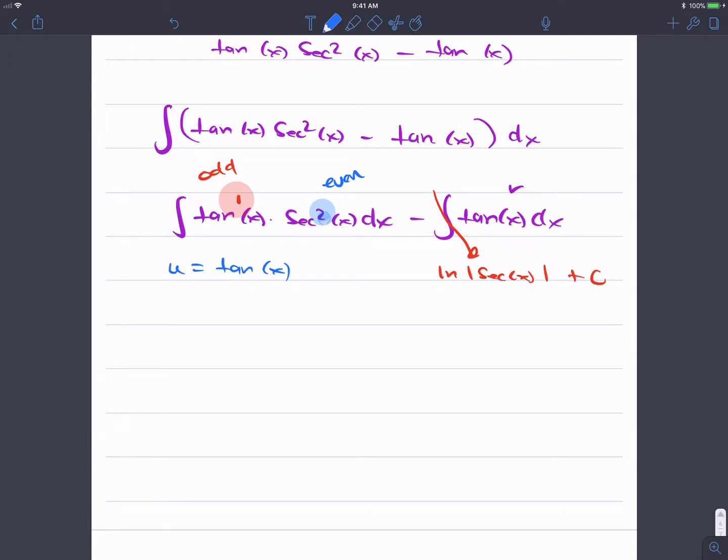If u is tangent, the derivative of u, du, is secant squared x dx. So this integral becomes u for the tangent, and secant squared dx is my du. So I get 1/2 u squared, which is 1/2 tangent squared x.